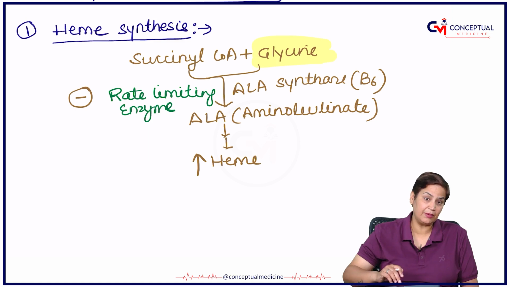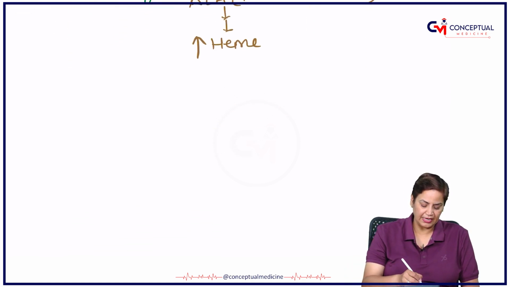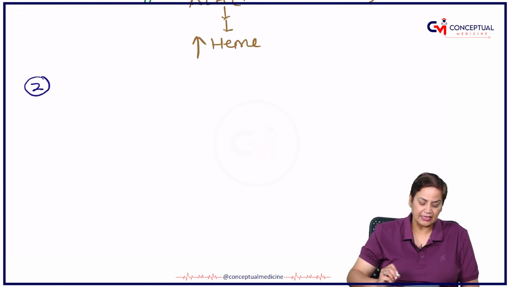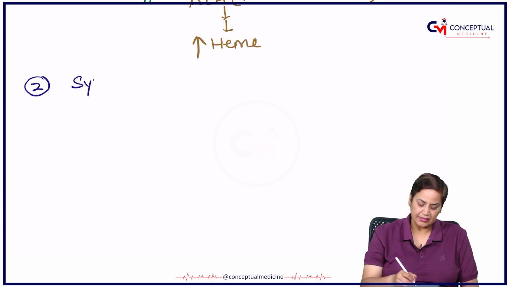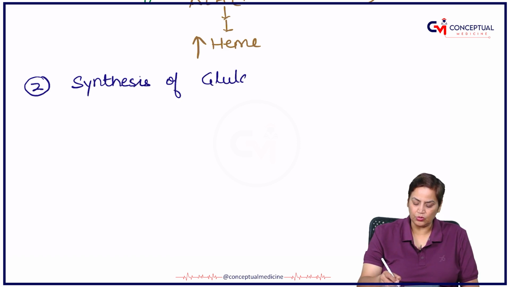So this is the first very important feature of glycine. Second, glycine is required for the synthesis of glutathione.